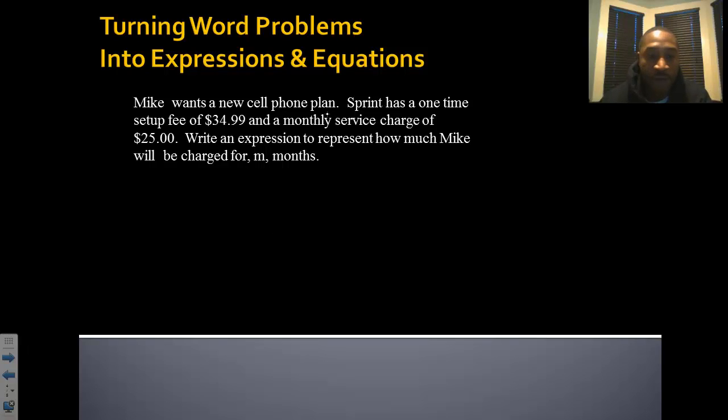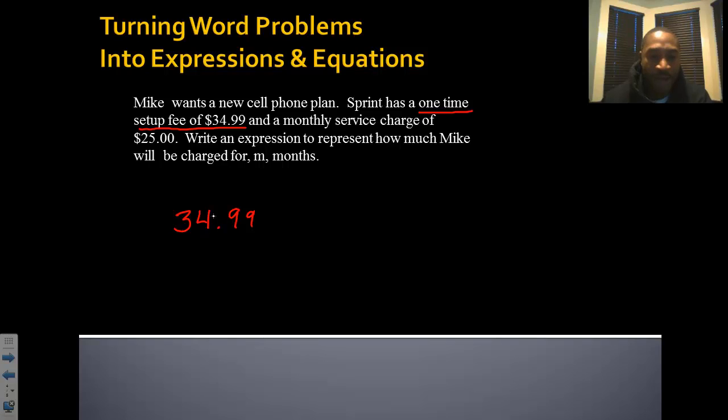All right, we know he wants a cell phone plan, and now I see this is very important. Sprint, they have a one-time setup fee of $34.99. Okay, so that's one thing I gotta pay. I know I gotta pay $34.99. Okay, cool. But is that it? No, I gotta pay something else.